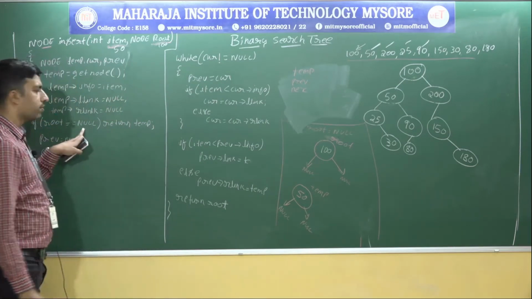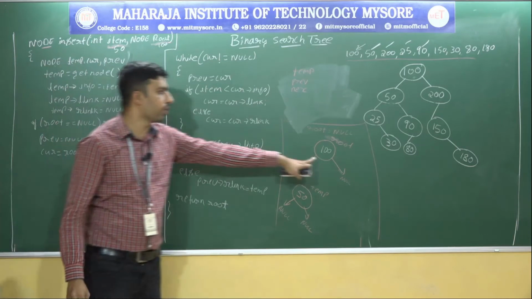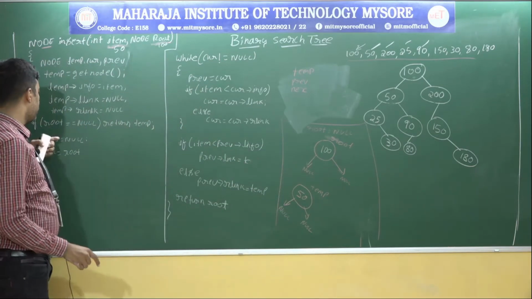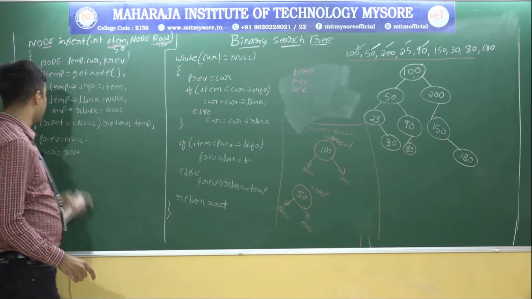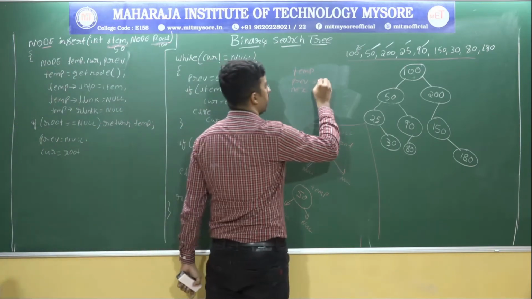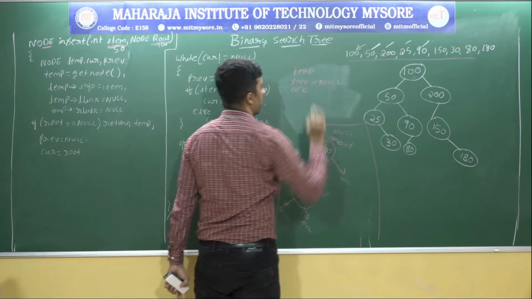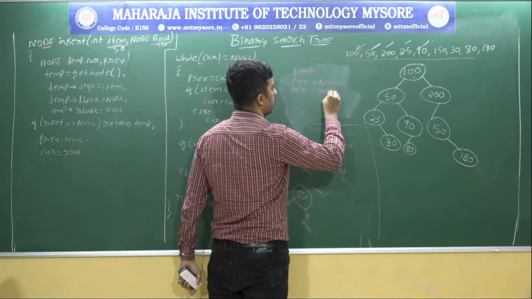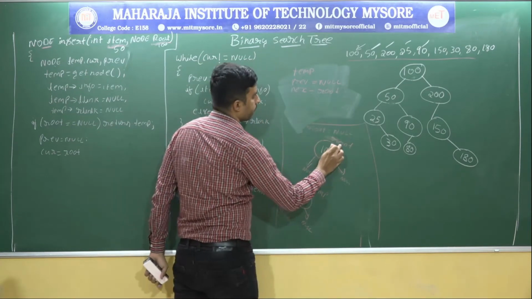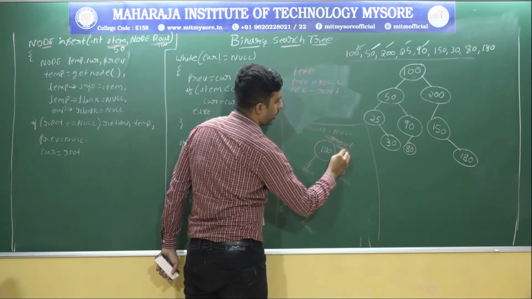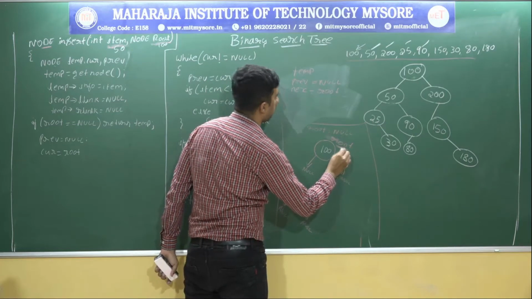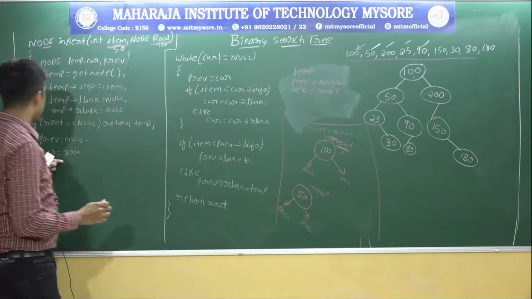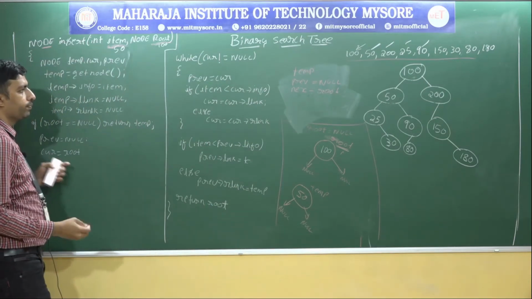Now check: is root equal to null? No, because the root already has 100. Then it fills previous and current. Previous will be filled with null, and current is equal to root.